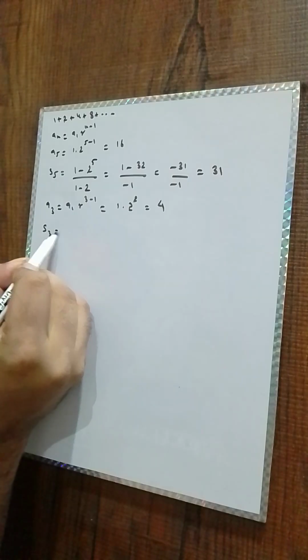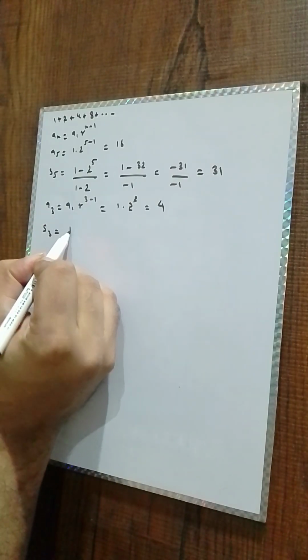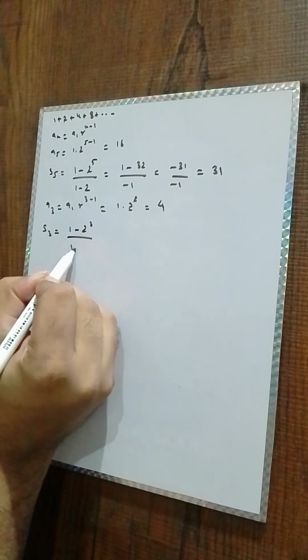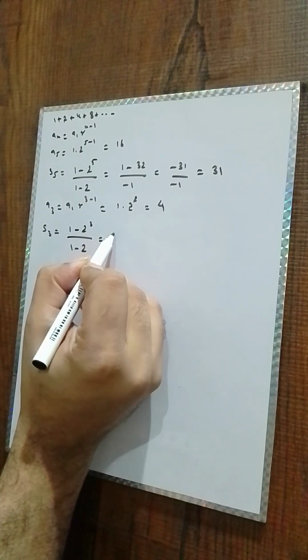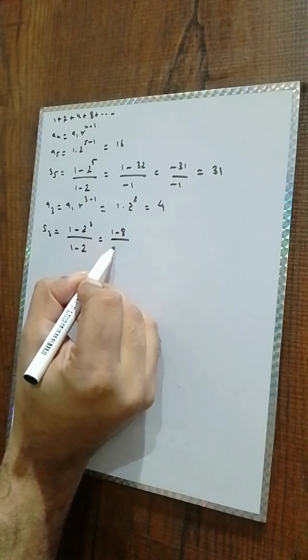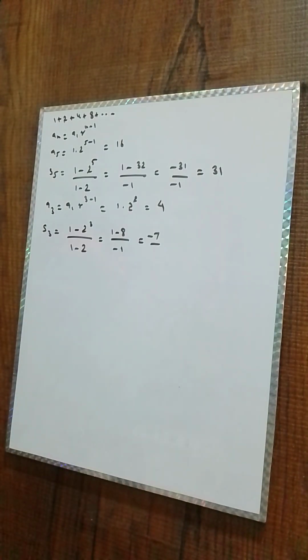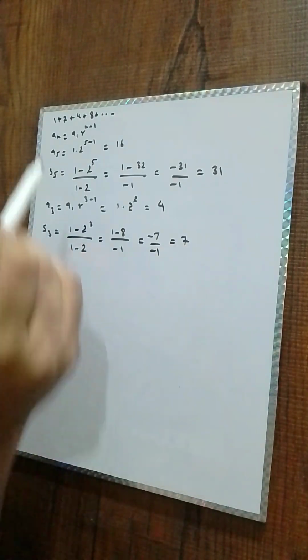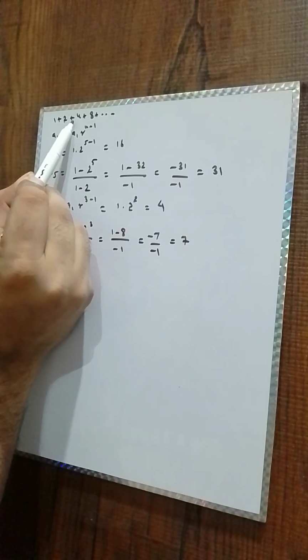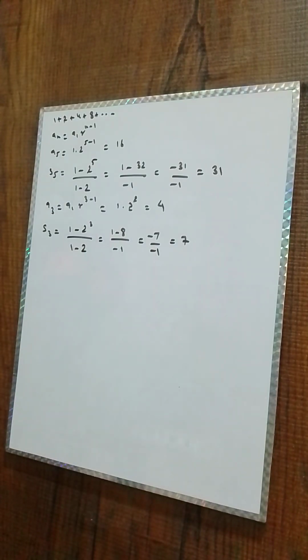The sum up to 3 terms would be 1 minus 2 to the power 3 by 1 minus 2. So 1 minus 8 by minus 1 is equal to minus 7 by minus 1, which is 7. So this is doable: 1 plus 2 is 3, and 3 plus 4 is 7. So this is how we can estimate the basic parameters of a geometric series.